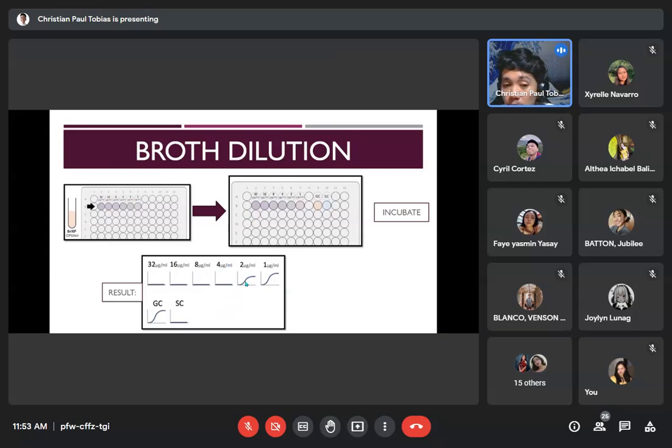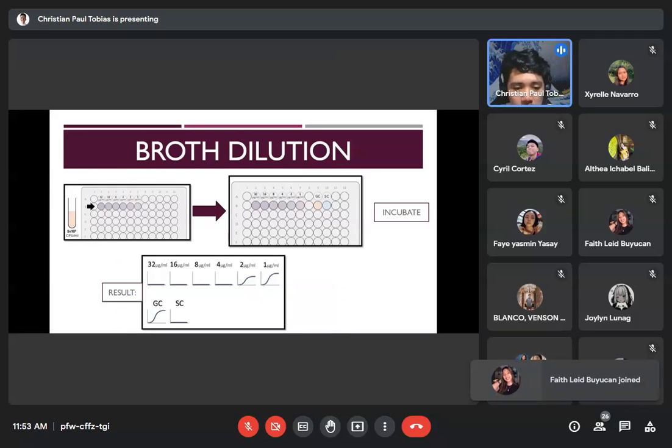Pero sa mababang concentration ng drug, which is 2 micrograms and 1 microgram per ml, may growth na. Okay? So from the result, saan sa tingin niyo yung MIC, minimum inhibitory concentration? Saan yung pinakamababang concentration that can still inhibit the growth of your bacteria?